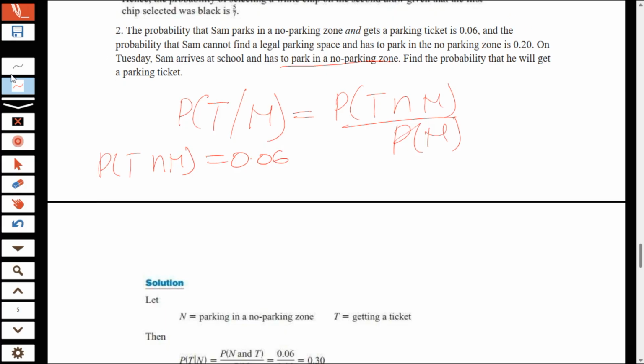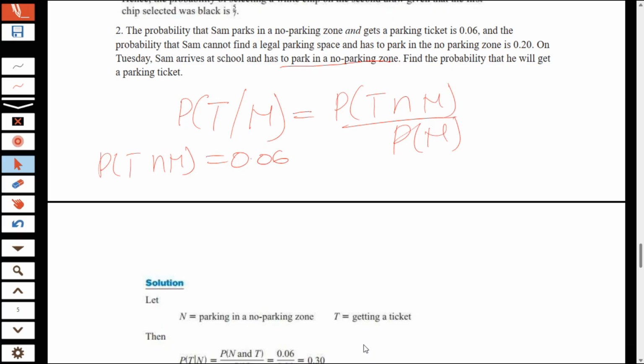The question says that the probability that Sam parks in a no parking zone and gets a ticket is 0.06, as you can see here. And the probability that Sam cannot find a legal parking space and has to park in a no parking zone is 0.2.